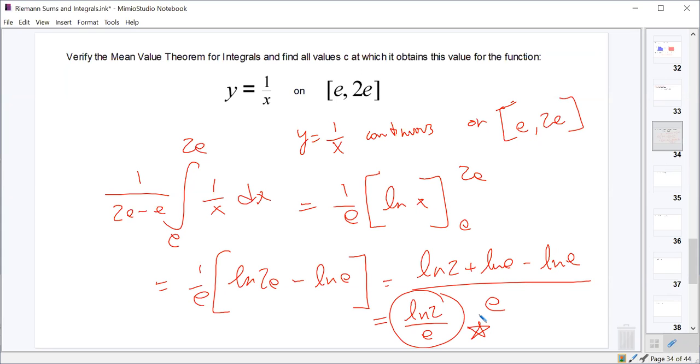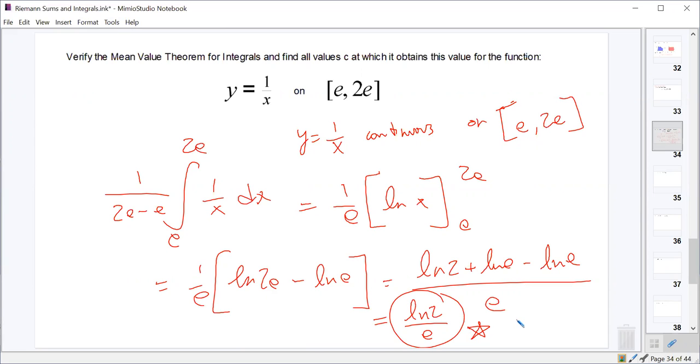And if we want to know when it attains that average value, how do we figure that out? f of c is going to equal that value. So 1 over c is going to equal that.